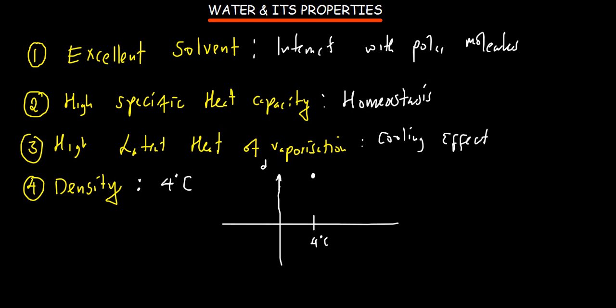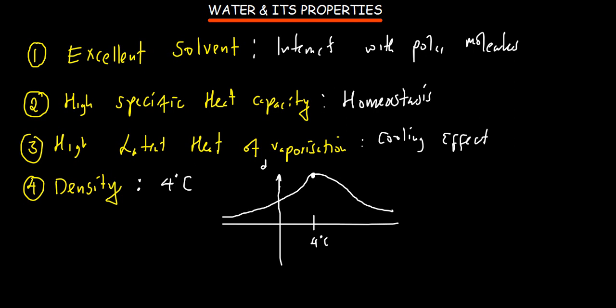When you increase the temperature of water beyond 4 degrees, the density is dropping. And as you get to increase the temperature of water towards 4 degrees, the density is increasing. You can see how this is weird. So water is densest at 4 degrees.